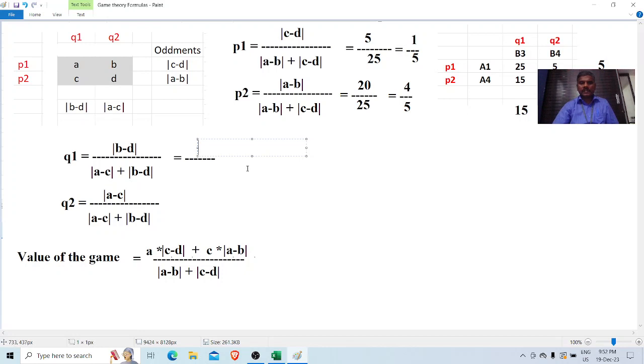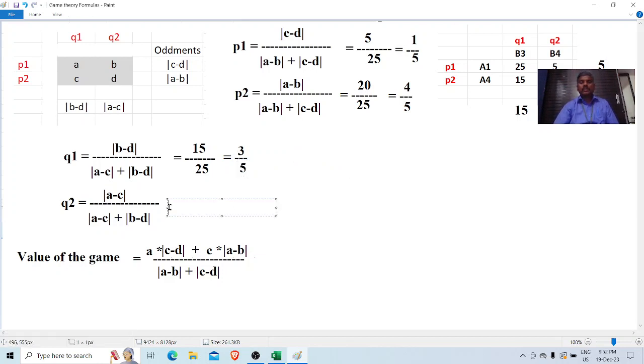A minus C plus B minus D: A minus C is 10, B minus D is 15. 15 plus 10 is 25. So 15 by 25 is 3 by 5. Q1 equals 3 by 5.